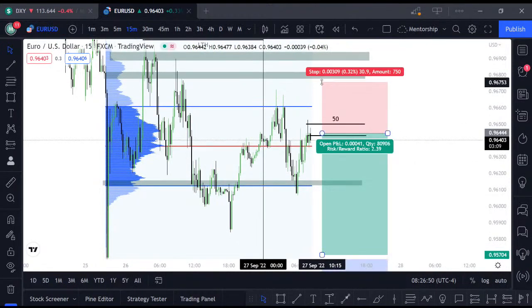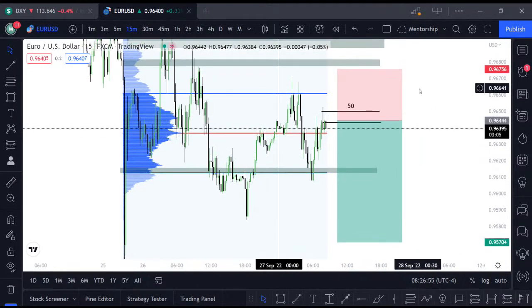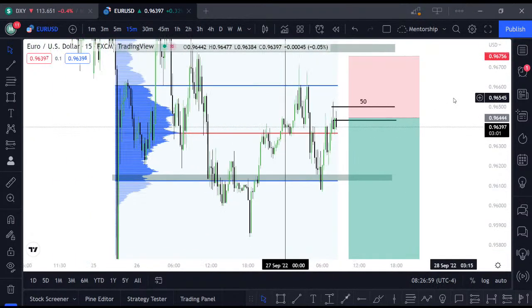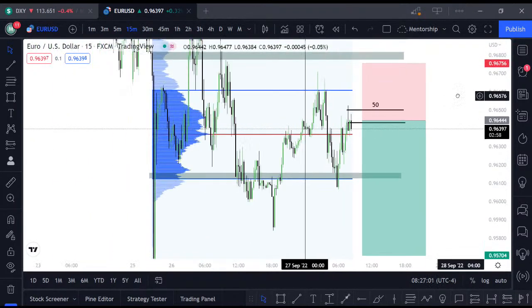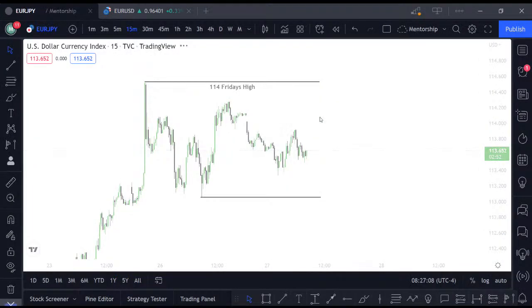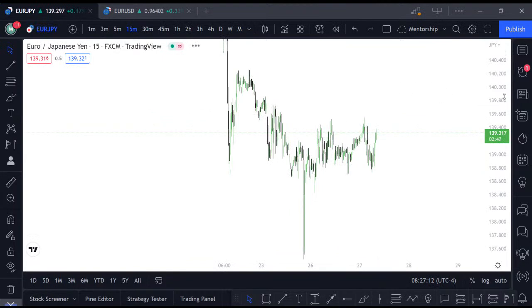Okay, we see it is, do not be excited yet, but if you didn't take this trade from here, look for another opportunity. Let's look for euro JPY. So this is the euro JPY for now.